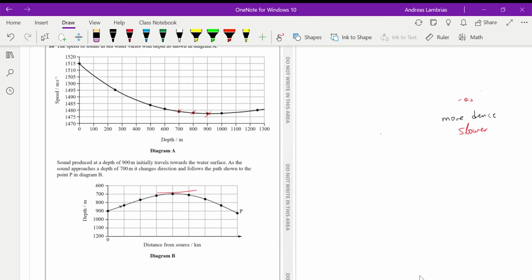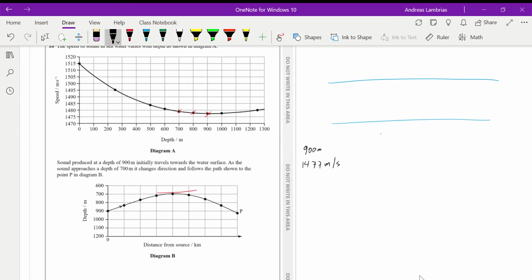Now, if we look at what's happening here, we have three areas, 1, 2, 3. The first one is when the water is at around 900 meters, and based on the graph, if I check at the 900, I see what the speed is. It's around 1,477 meters per second.